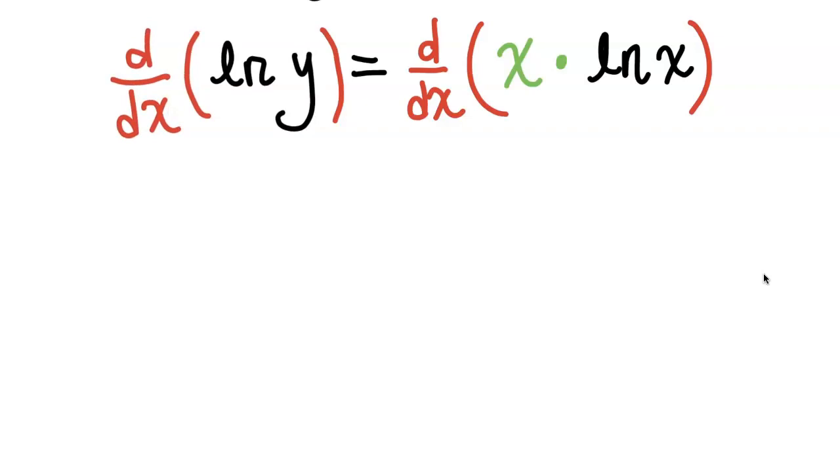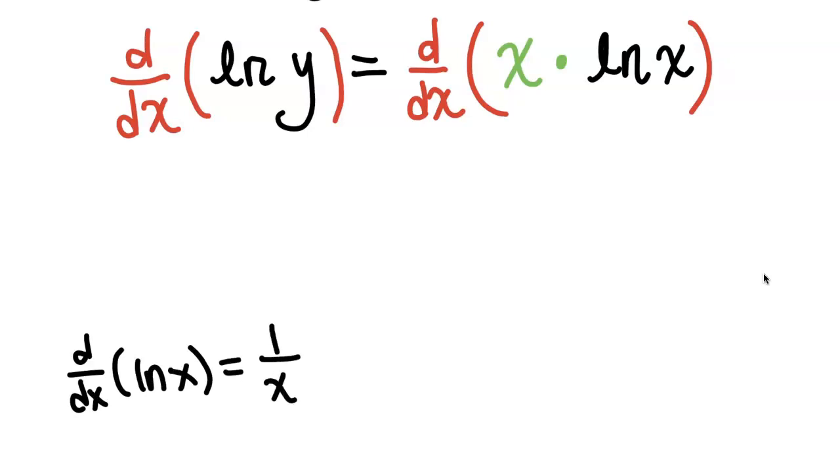Remember how to find the derivative of the natural log function? A while ago, we learned that the derivative of natural log of x is 1 over the log argument times the derivative of the log argument, chain rule, right?